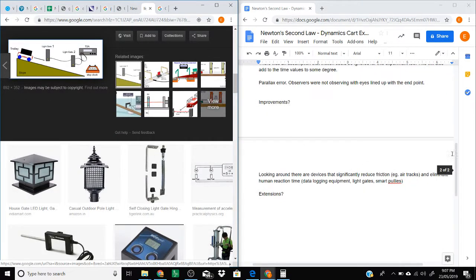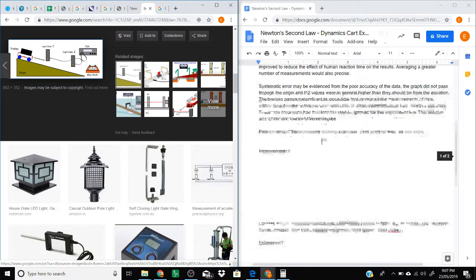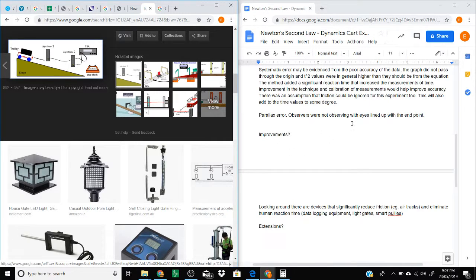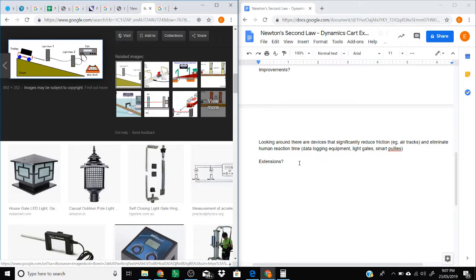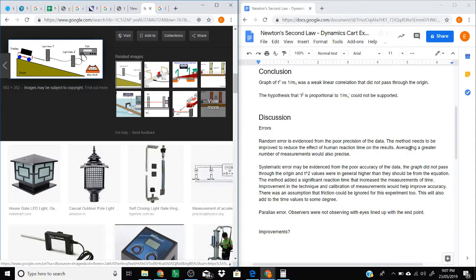I actually wanted to make this kind of cheap and nasty, so we'd make a point about errors and explain that we need to reduce errors in future. Now, I'll make one more point. If you're struggling to find things to do to reduce errors, you can always say repeat and average to reduce random errors. Just keep measuring the same thing and average it out.